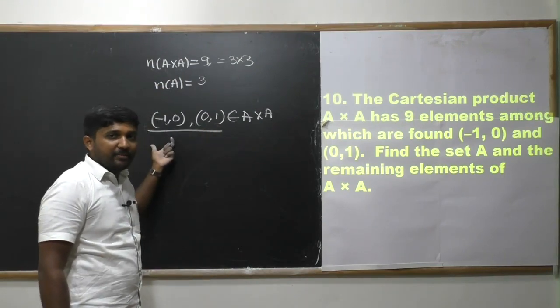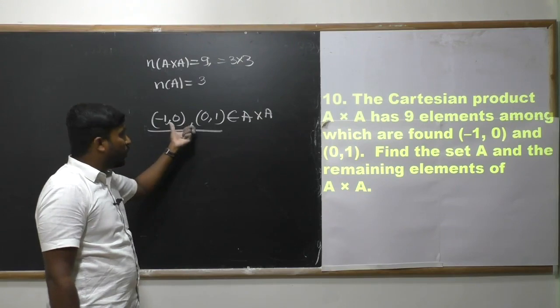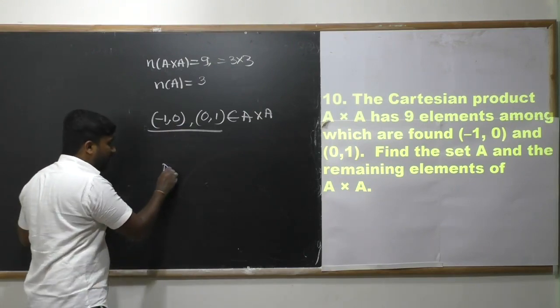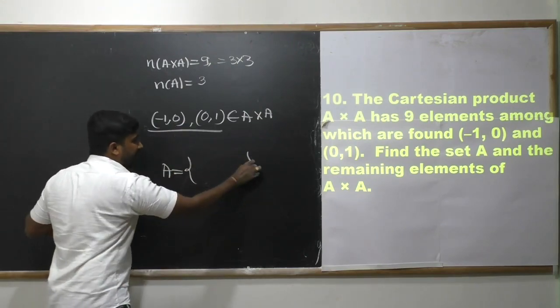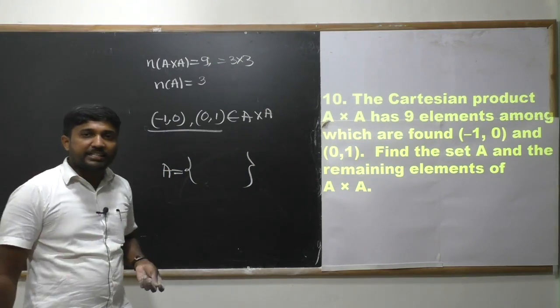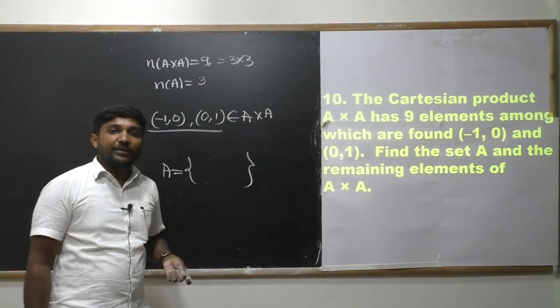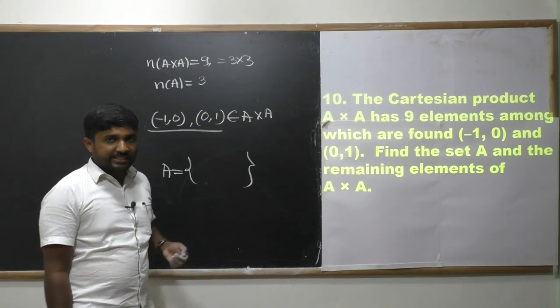Remaining 7 elements they have not given. From the 2 elements we have to write the set A. After getting set A, we should list out the remaining 7 elements of A cross A.